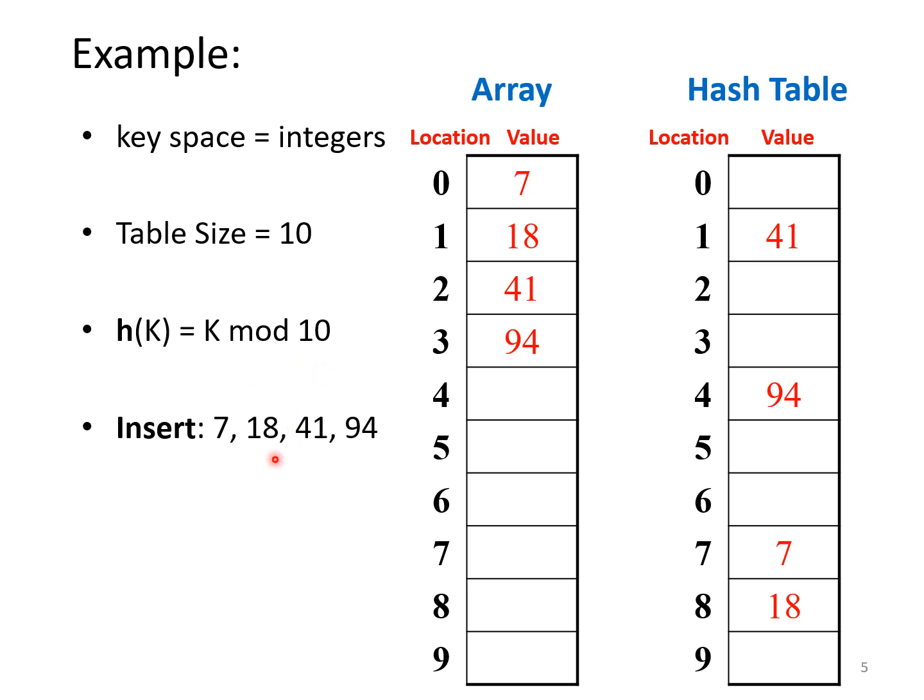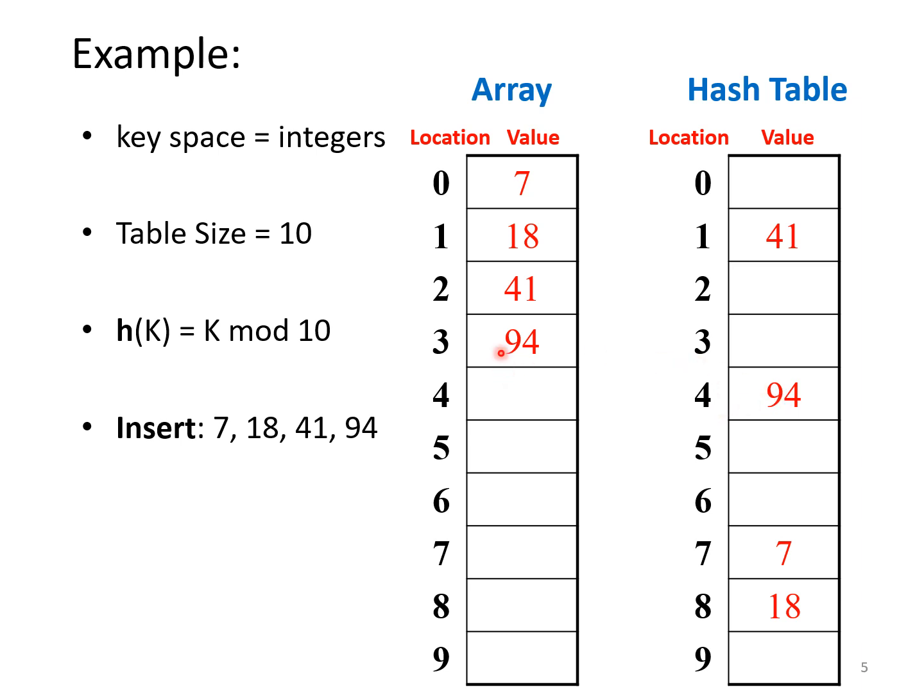So the number 18 will be stored in location 8. For 41, the remainder is 1. The 41 will be stored in location 1. Similarly, the number 94 mod 10, the remainder is 4. The 94 will be stored in the 4th location.